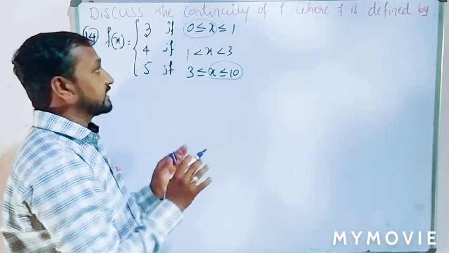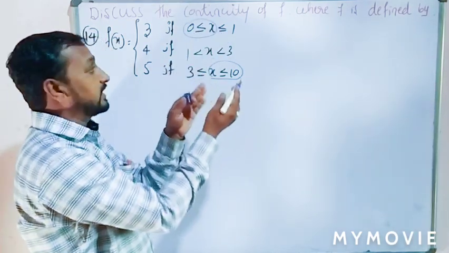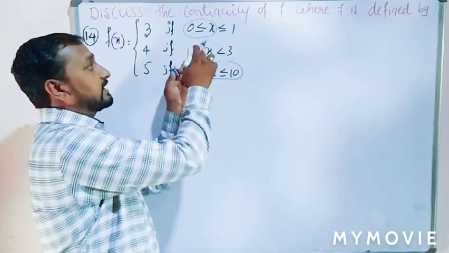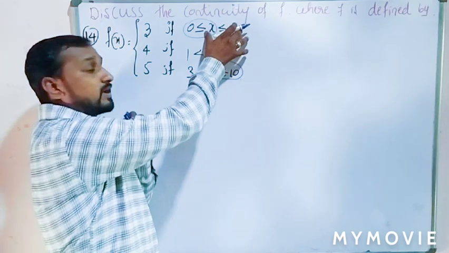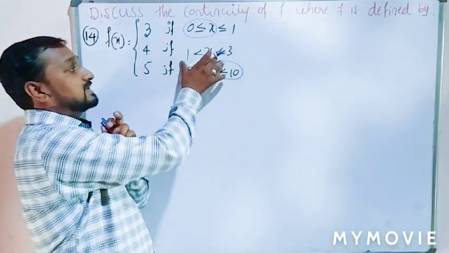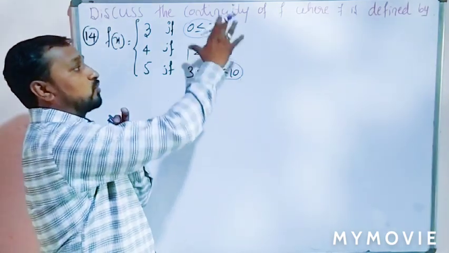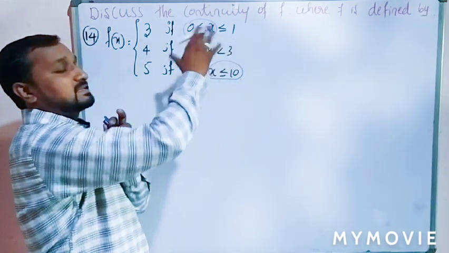Is that clear? So here the LHL should be x less than 1 and the RHL x greater than 1. So x less than 1 is the LHL corresponding to 1, and x greater than 1 is the RHL corresponding to 1. Here 1 and 3 have both LHL and RHL values.